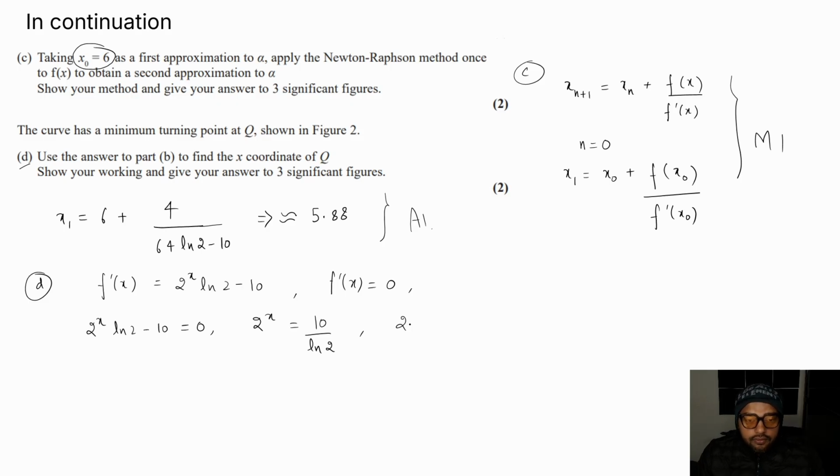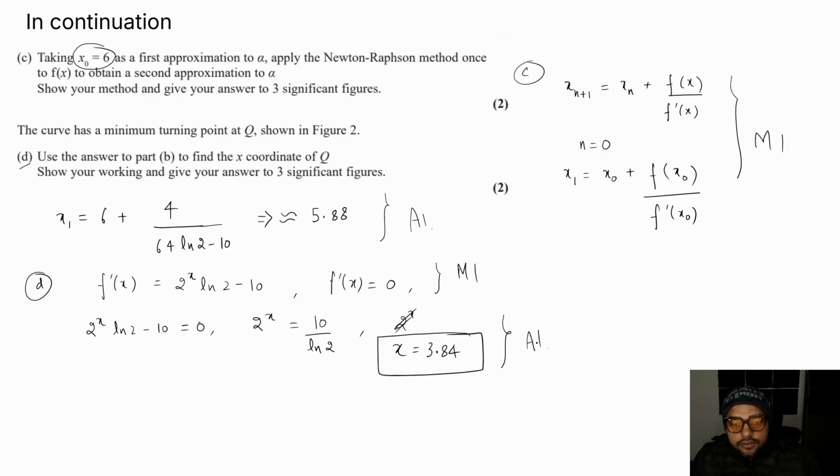From here we can easily calculate the values. We are getting the value of x equals 3.84 roughly. This is the approach for which you will get M1 marks, and you will get A1 for the accuracy.